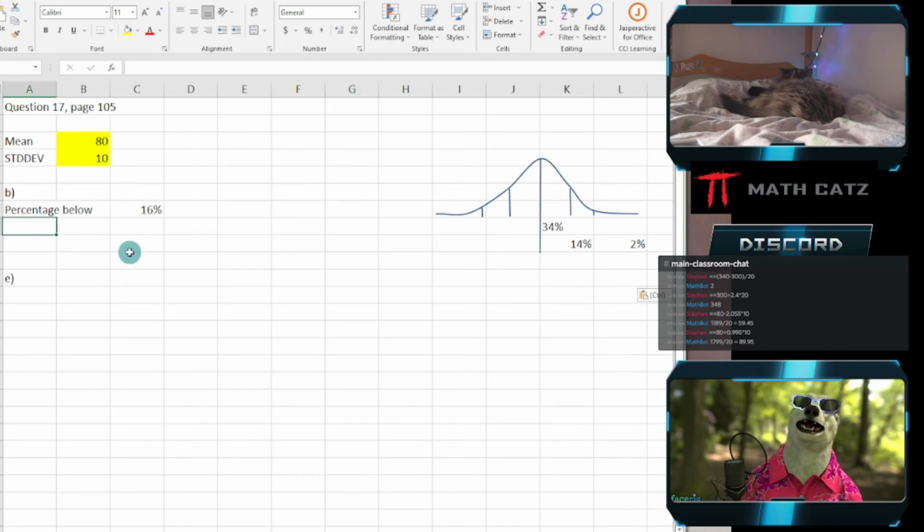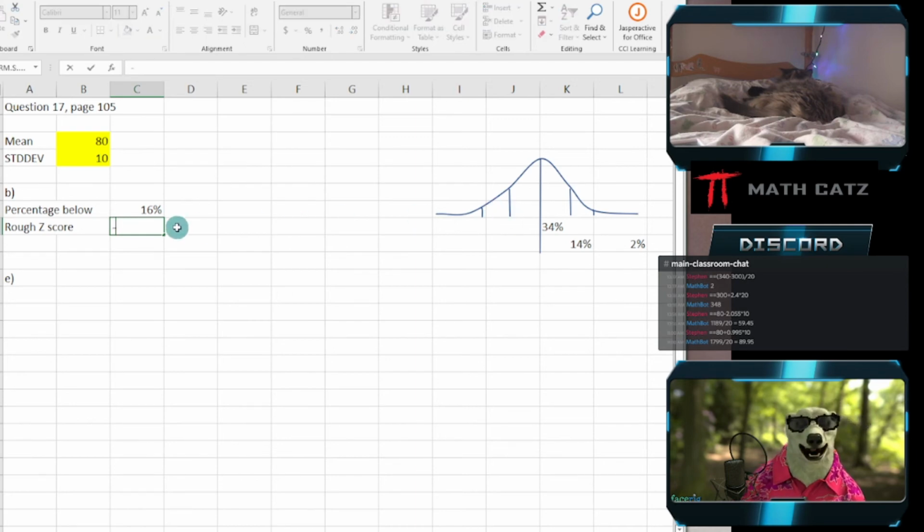I want to essentially use this 34, 14, and 2 rough percentages to figure out which z-score I would be at to have a 16% below. Well, 2%, 14%, so it'll be a z-score of -1.